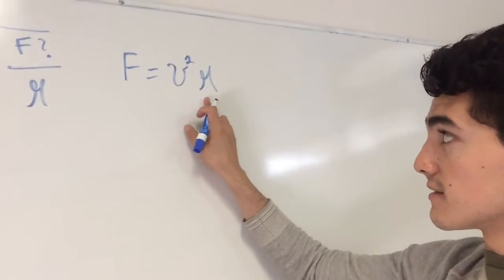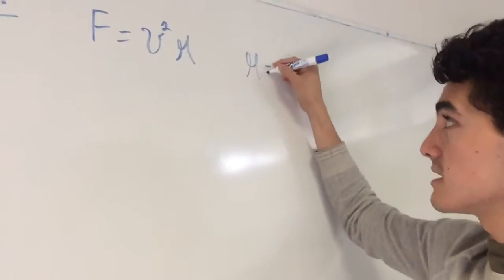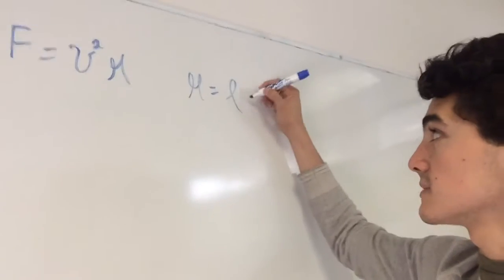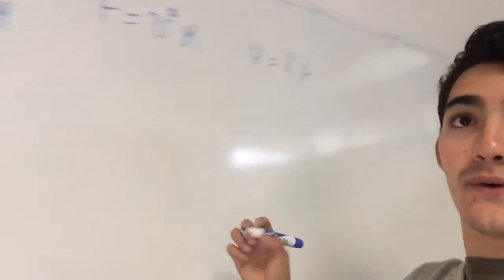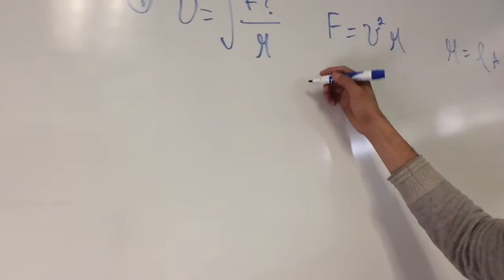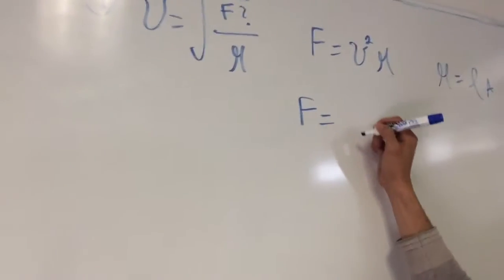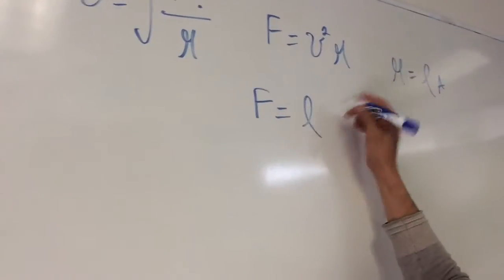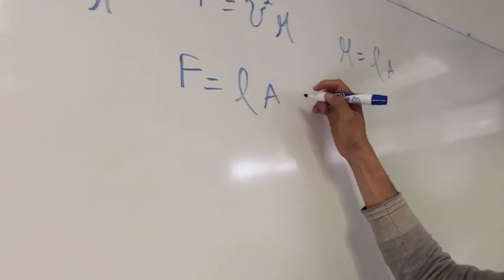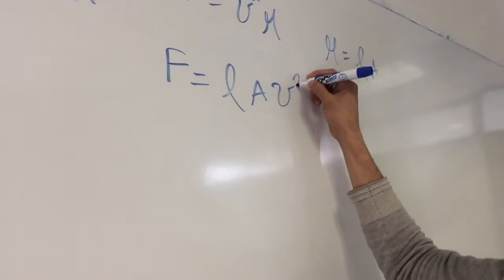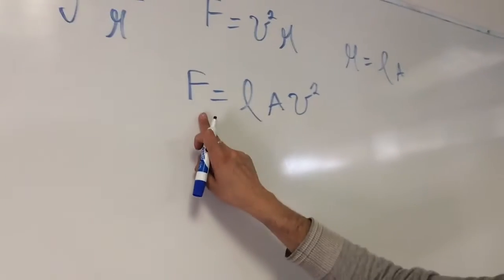We also know that the linear density is equal to the density times the area. So, for calculating the force, we will obtain that the density times the area, that is the linear density, times the velocity squared, is equal to the tension.